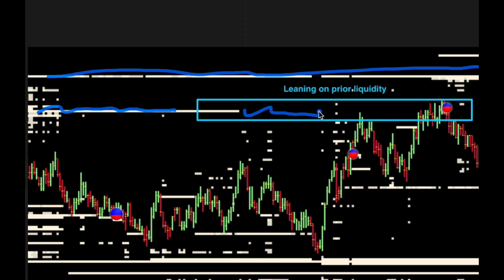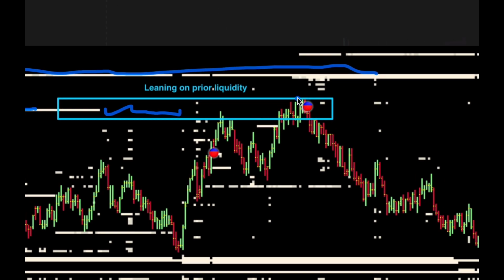Well, that could be where that liquidity was pulled as an attempt to bring buyers up to that point, even though they're still there, right? And so you can see what happens where they pull orders up here, and then all of a sudden the buyers come up and you see this big volume come in and the sellers take it down and push it down. So leaning on prior liquidity is something I look at as well.